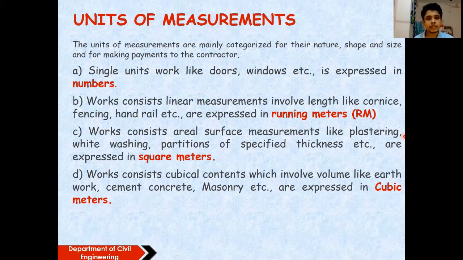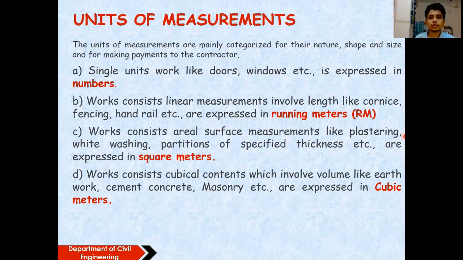Then there are some items, such as whitewashing or plastering works, where we will use square meters. For example, 10 square meters of plastering work has to be done, and the cost per square meter is this much.